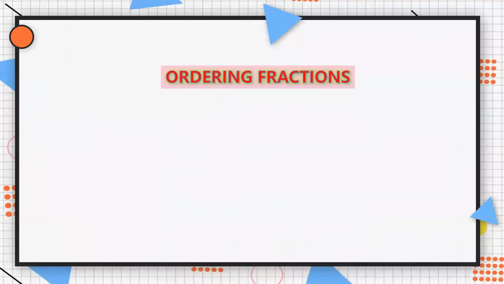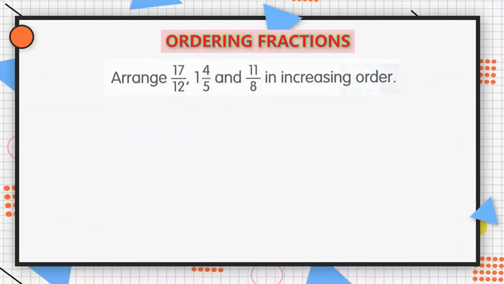Now let's try this example. Arrange 17 over 12, 1 and 4 over 5, and 11 over 8 in increasing order. When we say increasing, it is arranging from smallest to greatest. Observing the fractions given, 2 of them are improper fractions.